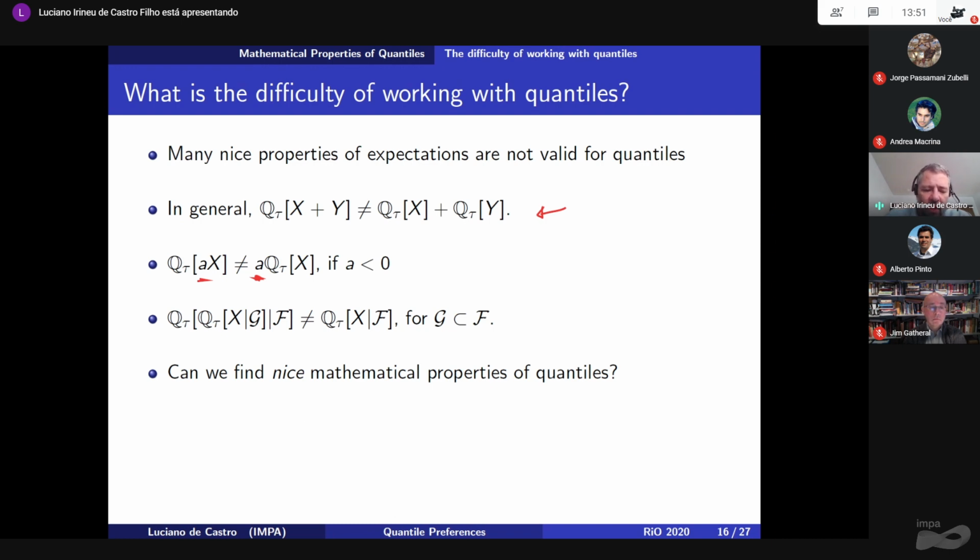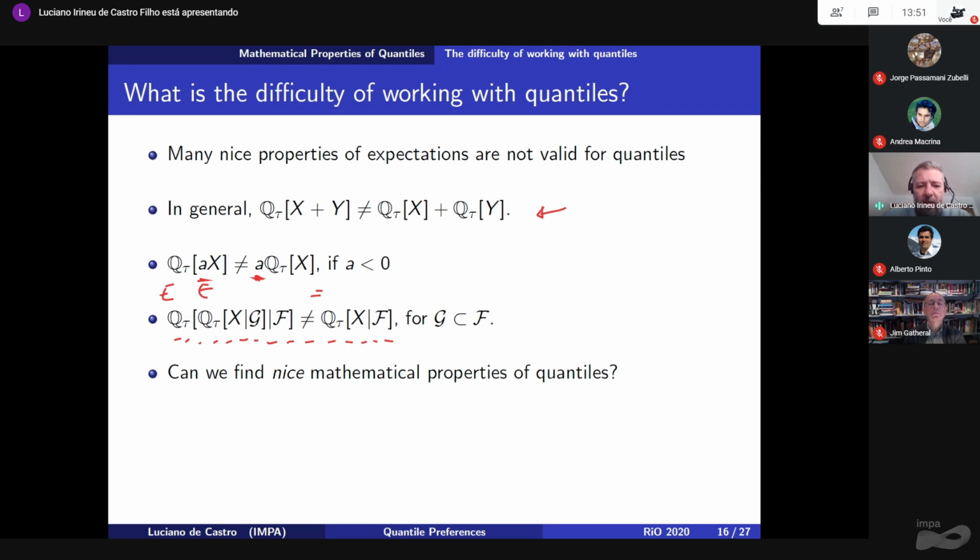And also, and this was an important problem for dynamic theory, the law of iterated expectation. If you put expectations here, of course, this will go with equality, right? So if you put the expectation here for sigma algebras that are included one in another, then you have the law of iterated expectation, they are equal.